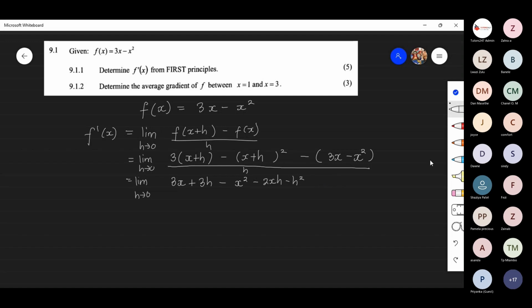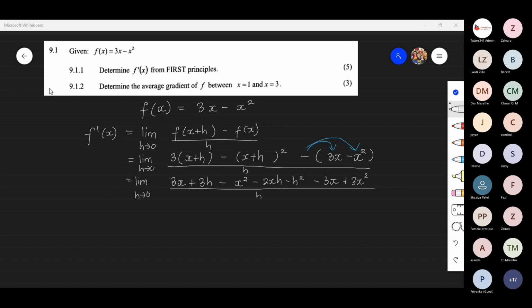Now we multiply this negative into our bracket, and that is going to be minus 3x plus 3x squared. So all we did was simplify our numerator.